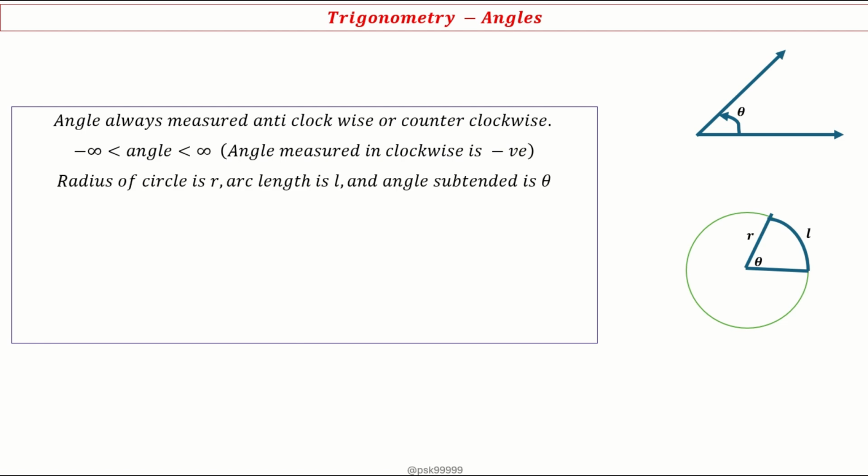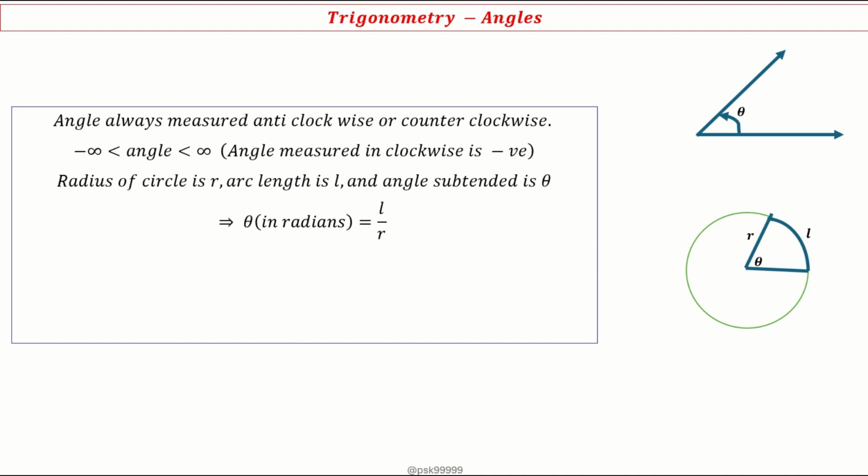Okay, and then radian and degree are the two units of angle. Pi radians is equal to 180 degrees. This is the radians and degrees equality. Okay, and how do you define radian? Radian is nothing but if you have an arc of length L, and the radius r, then the number of radians theta equals L by r.